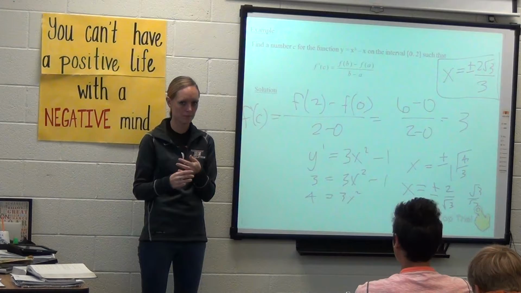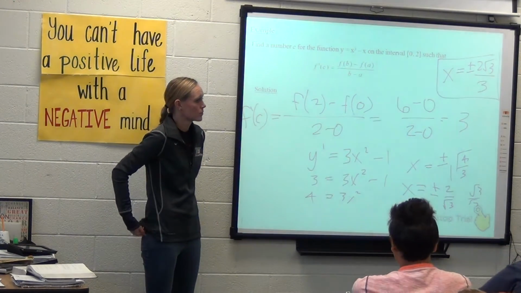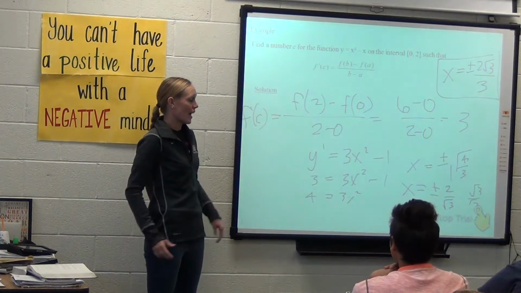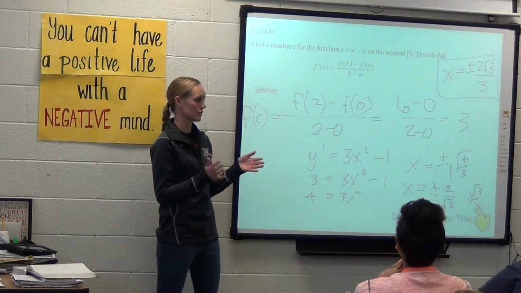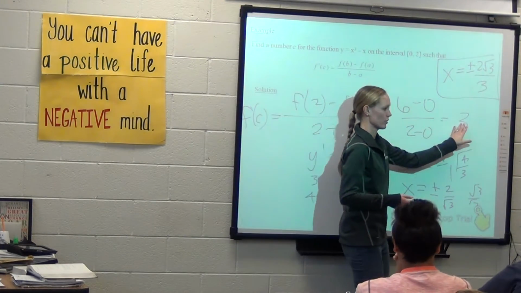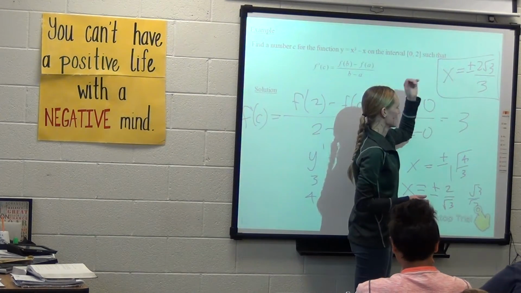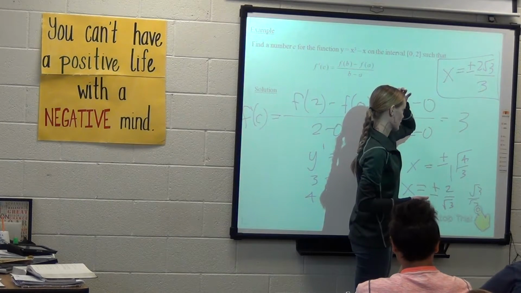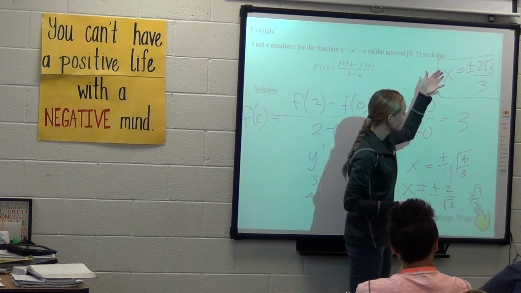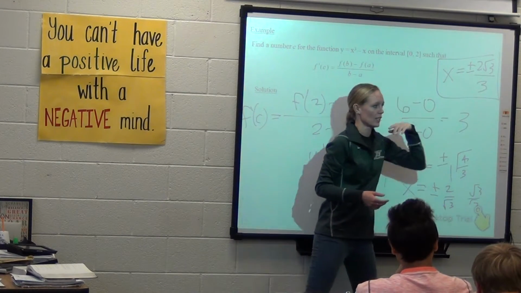Other questions on this? Yeah. So the plus or minus 2 square roots of 3 over 3 is the instantaneous? Those are the x values where the instantaneous rate of change is equal to the average rate of change. So if I'm looking at the graph, let's say this is close to 1, plus or minus 1.